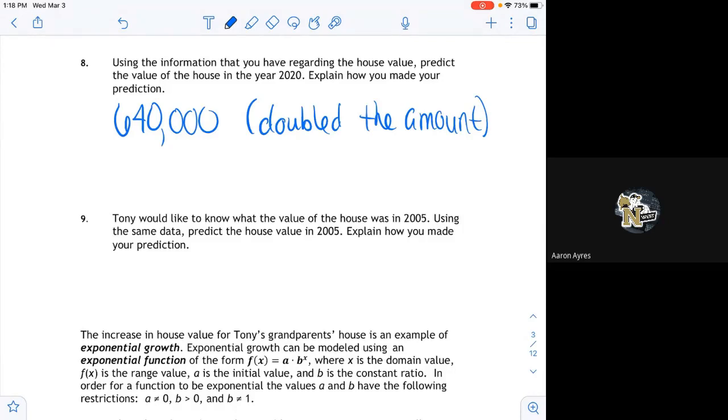I'll put those values here to the side. I believe 2010 was 320,000, and 2000 was 160,000. So what would the value of the house be in 2005? All right? Turn and talk to your group mates. I want to get 4 different predictions. Okay? Go.